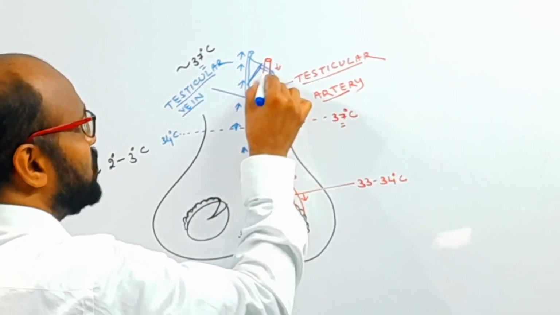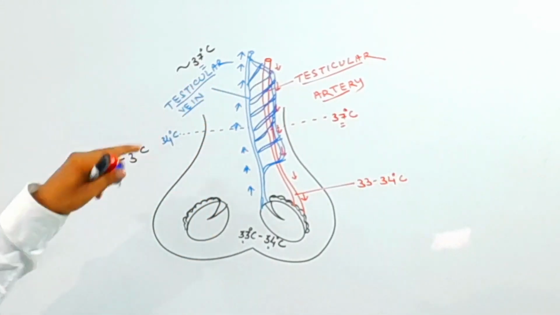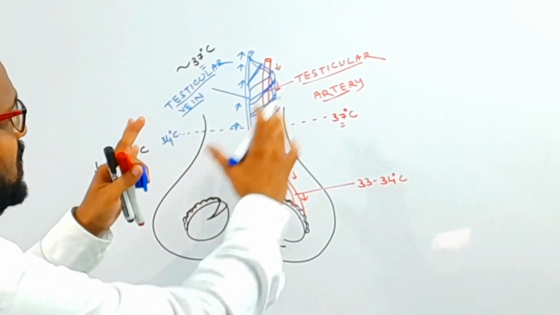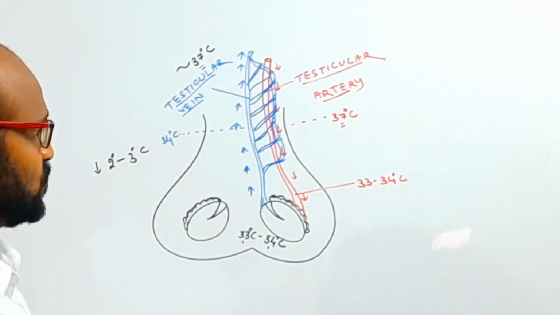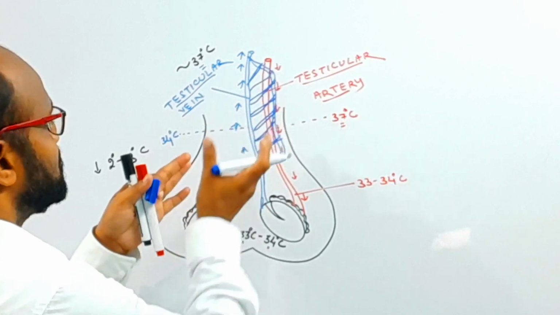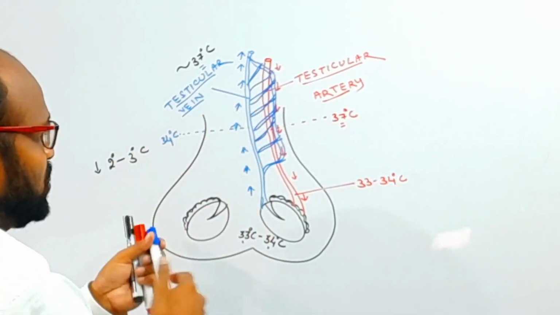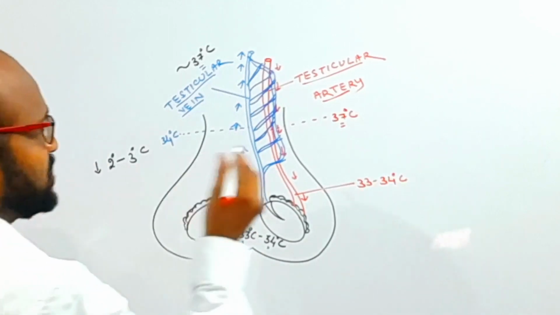The testicular vein forms testicular venous branches around the testicular artery. So when the blood flows through these venous branches, the temperature is absorbed from the testicular artery.